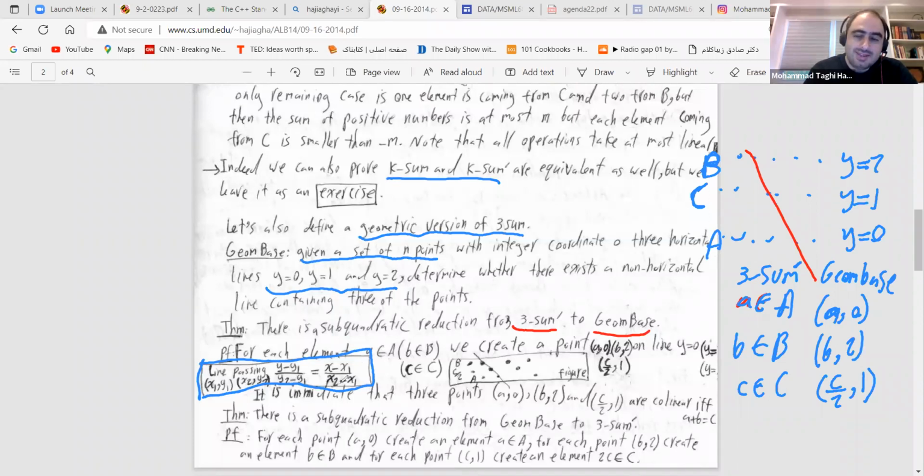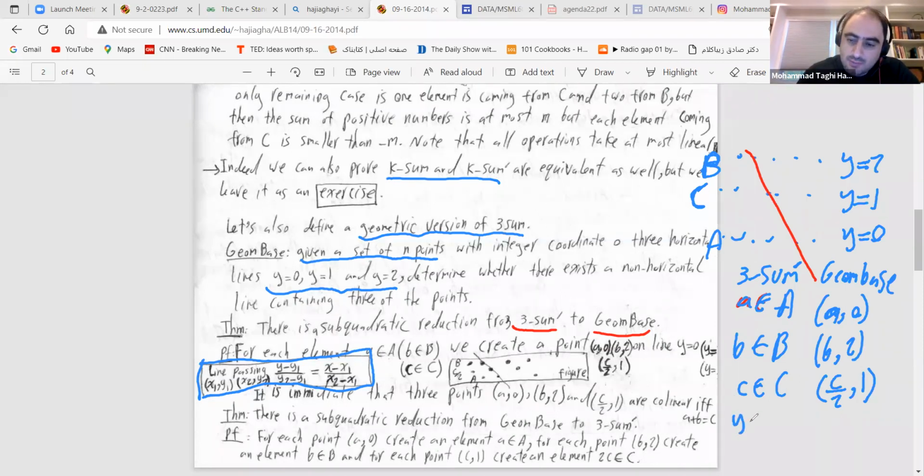Let's see what happens if we put these numbers there. If three of them are collinear, we should have these things.